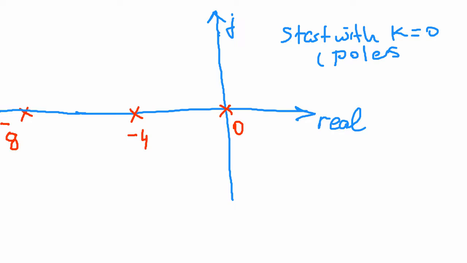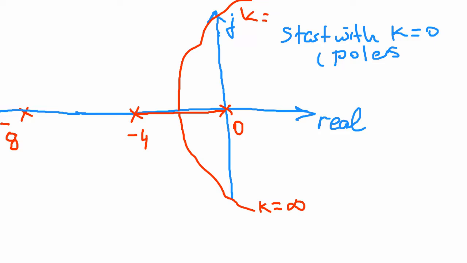These two poles couple, and then roots are approaching here in the middle point. So this one is k infinite point. That one is k infinite.